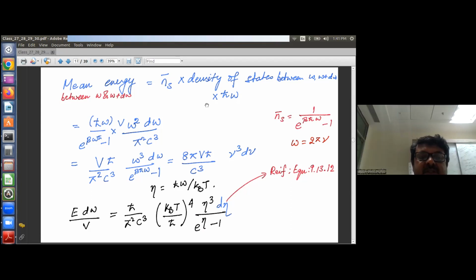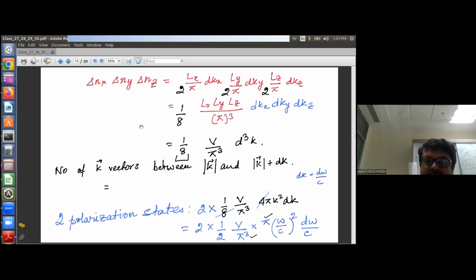As a consequence of which we easily get, now just substituting, this is here, h cross omega is here, and the density of states comes out to be V into omega squared. So this was this k squared dk, right?